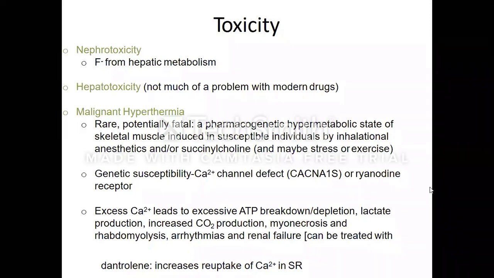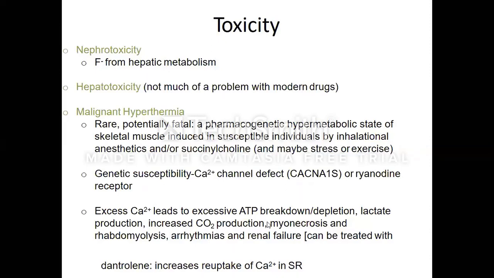This is mainly a pharmacogenetic hypermetabolic state of skeletal muscle, which is induced in certain susceptible individuals by inhalation anesthetics or succinylcholine, and sometimes it may be because of stress or exercise. It is a genetic susceptibility because there is a defect in the calcium channels, or in the ryanodine receptors.